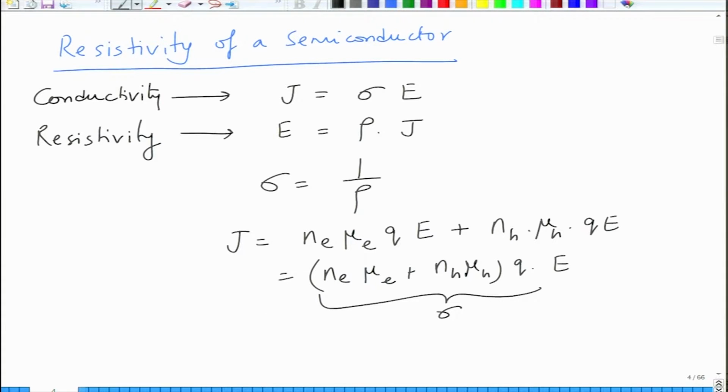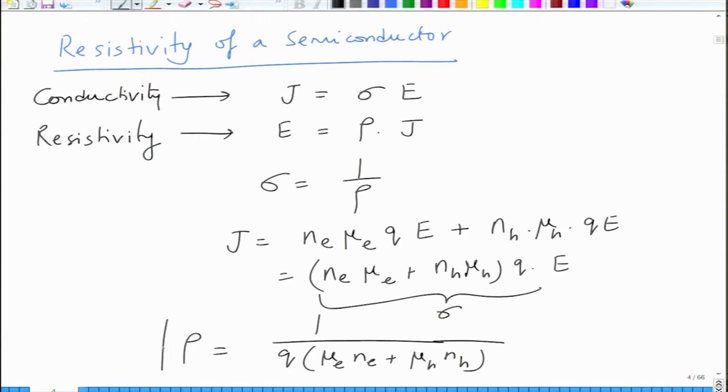The reciprocal of this will be the resistivity. So resistivity is 1 over Q into Ne mu E plus NH mu H. This is the electrical resistivity of semiconductors.